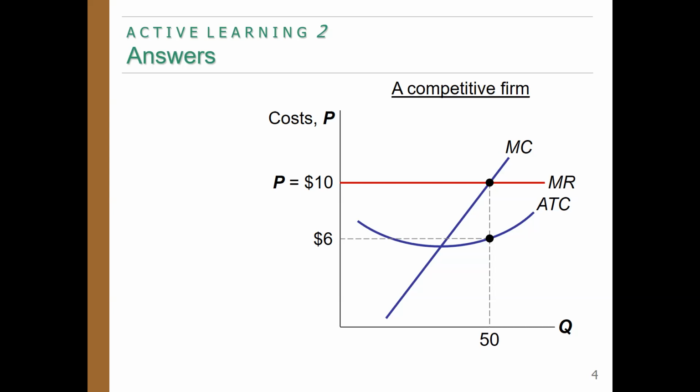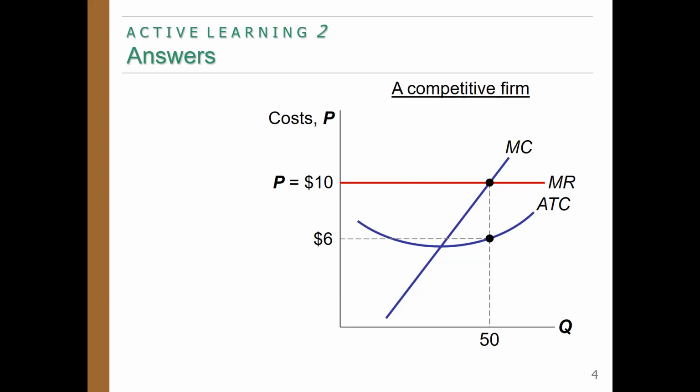All right, average and marginal cost. Average total cost, I could find one of two ways: total cost over quantity, or average fixed cost plus average variable cost.